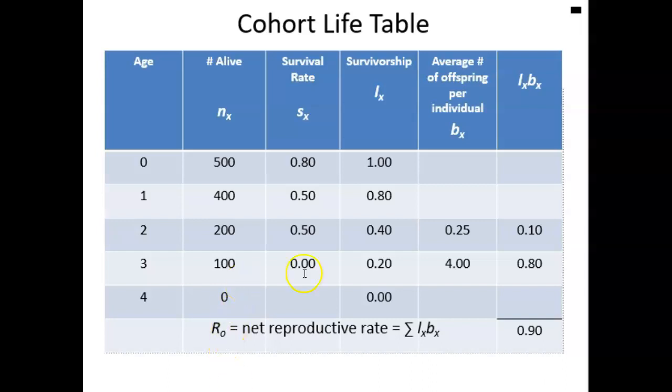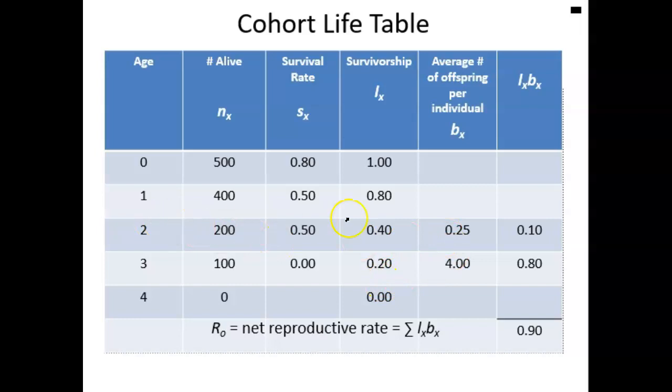You say, you know what? The net reproductive rate is really being driven largely by the reproduction during the 3-month time class. If I could get more individuals to survive to 3 months old, I'd have a lot more offspring for next year's population. This appears to be the key age class that has the biggest effect on this population.